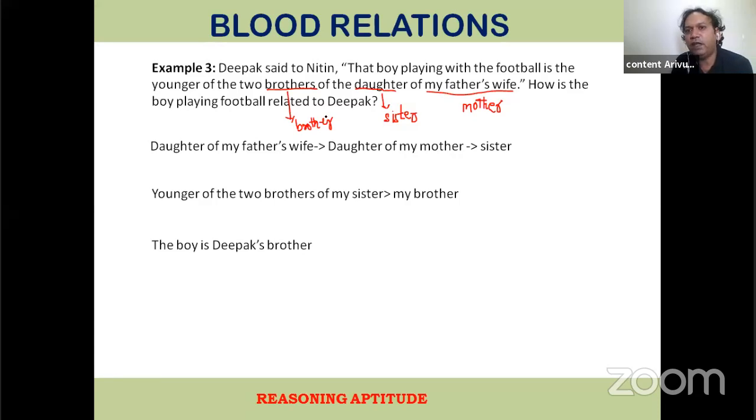The simple point here is my father's wife means mother. Your mother's daughter is your sister, and your sister's brothers are your brothers also. So that person playing football, the younger of the two brothers, is Deepak's brother. That is your answer. Very simple question. It just looks a little confusing and complex, but the question itself is quite simple. My father's wife is mother. That's why I gave you that particular point earlier.